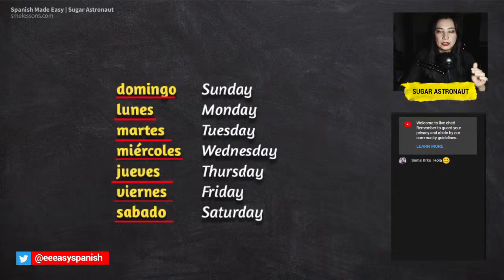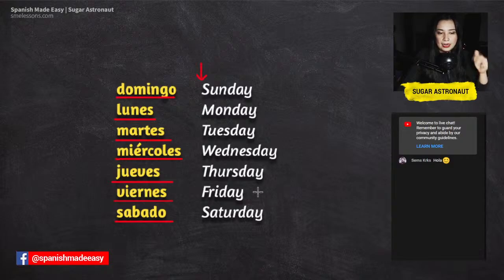Okay? So that's really important to know when saying dates in Spanish. And one important thing is that you don't need to use a capital letter at the beginning of each day, okay? Because in English, you have a capital letter at the beginning of the word of the day: Sunday, Monday, Tuesday, Wednesday, Thursday, Friday, and Saturday.